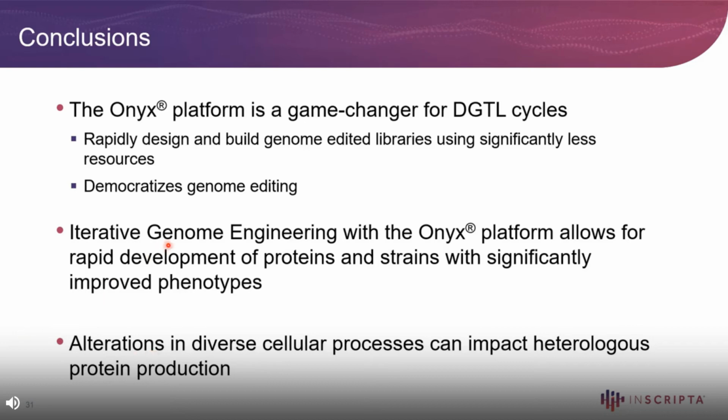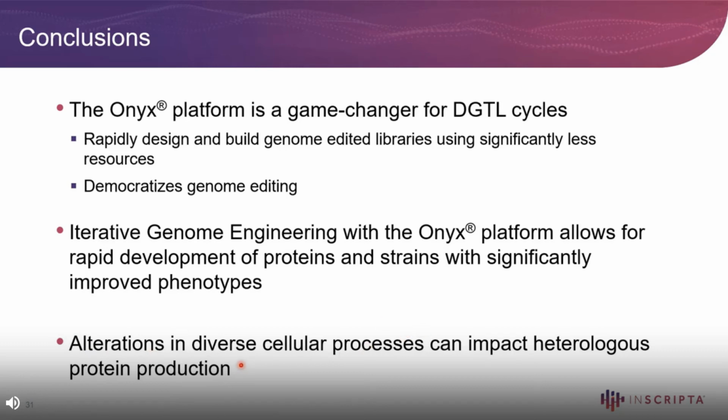Another important point is that iterative genome engineering with the Onyx platform allows for rapid development of improved proteins, so the GFP example, as well as strains with significantly improved phenotype, so the CBH1 expression phenotype. And for the heterologous protein, alterations in diverse cellular processes can impact heterologous protein production.